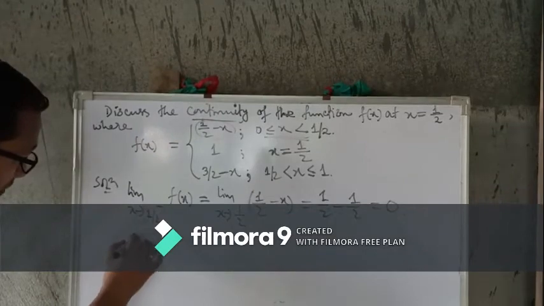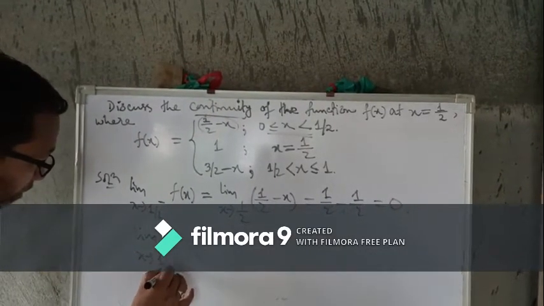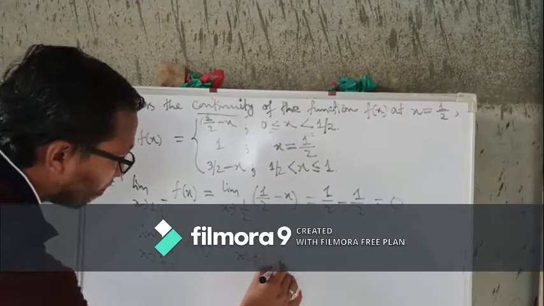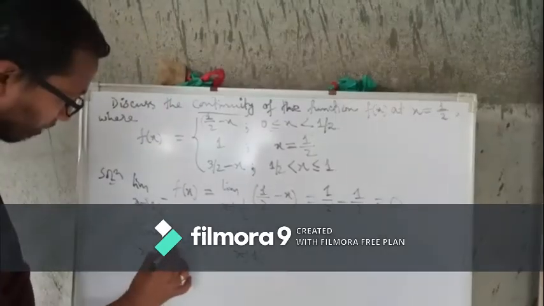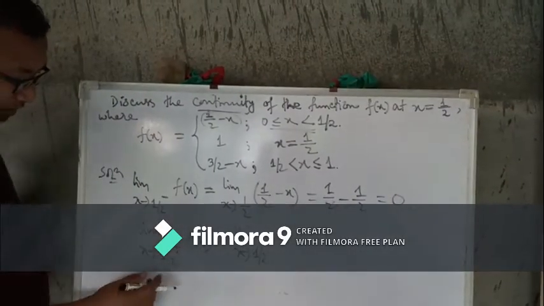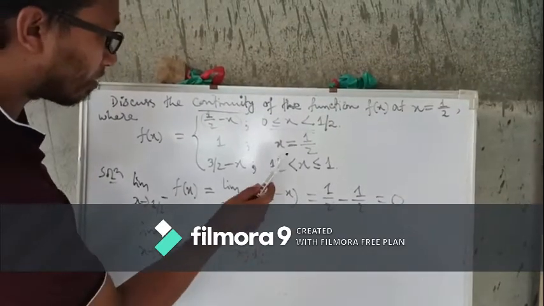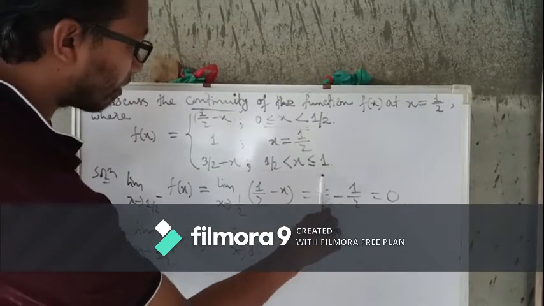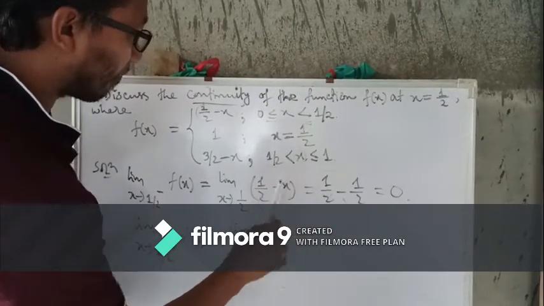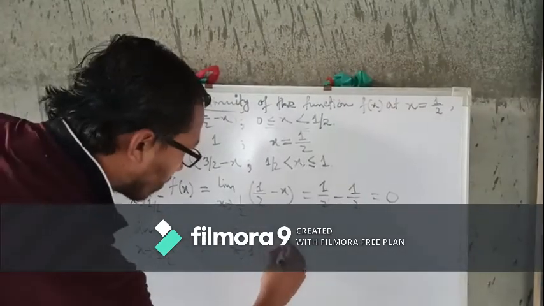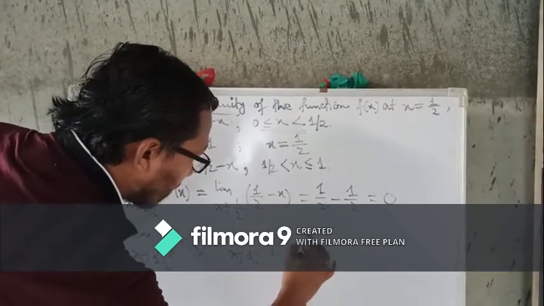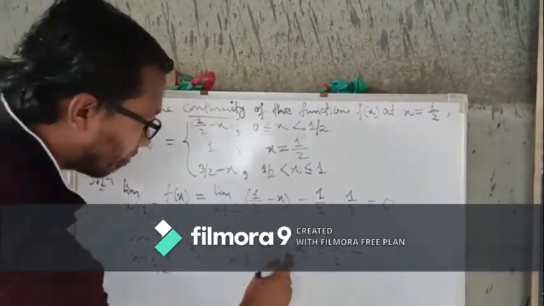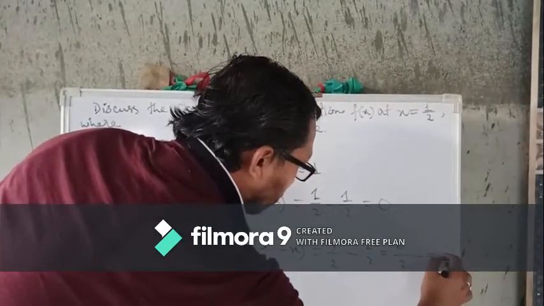Then the right hand limit, x tends to half plus f(x). This time half positive means more than half, so x is greater than half, and this function we are going to use: 3 by 2 minus x, which is equal to 3 by 2 minus half, which is 1.